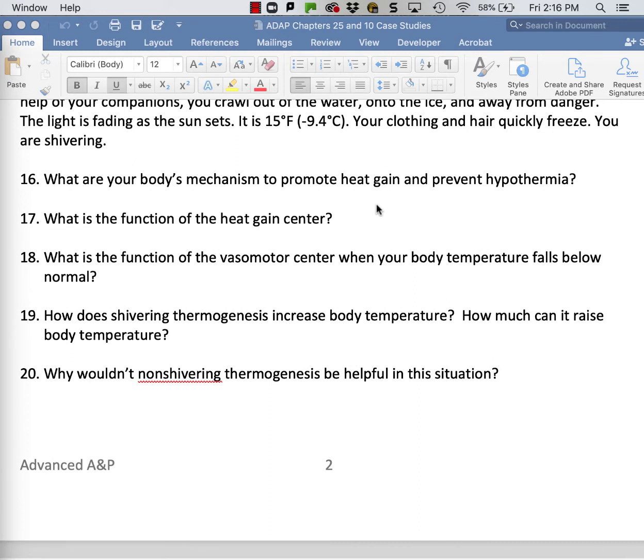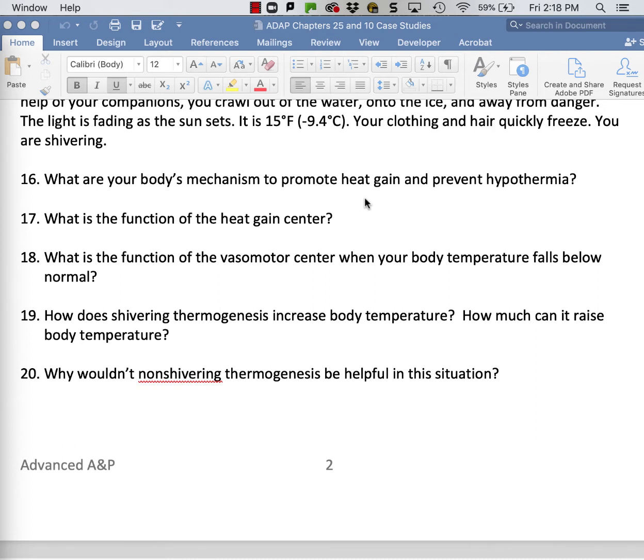So the body has both cold and warm thermoreceptors that detect change in temperature. And there are more cold thermoreceptors than there are warm thermoreceptors. These thermoreceptors send signals to the hypothalamus. The hypothalamus is the control center of the brain for thermoregulation, and it receives this signaling from these skin thermoreceptors.